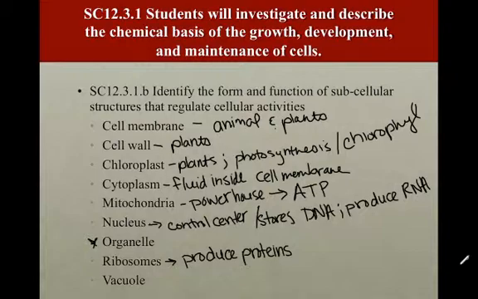I don't know if they'll get into it, but there's 2 subunits for the ribosome. Ooh, that one's missing, isn't it? So there's smooth and rough ER. Oh, none of that wrote. Why didn't that write?